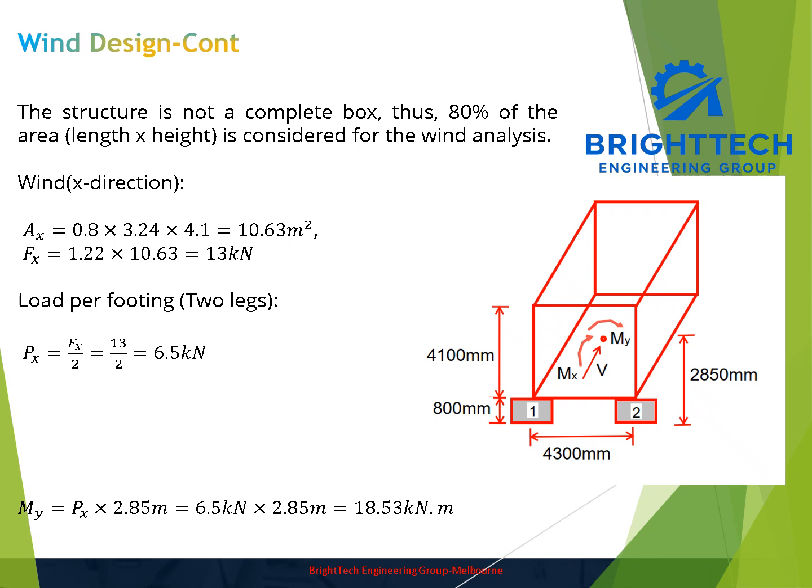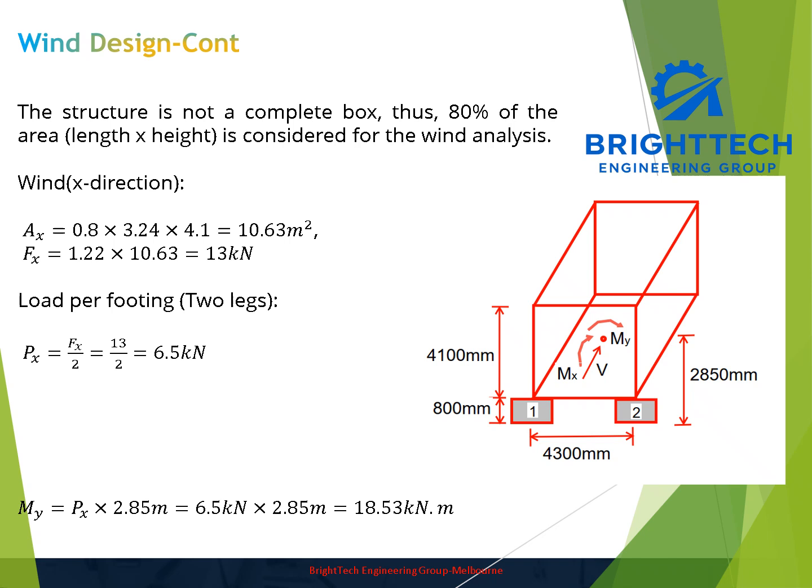This is the length and this is the height, which is 10.63 square meter. And the force we already learned is 1.22 multiplied by A, which is 13 kilonewton. So load per footing for two legs is 6.5 kilonewton.